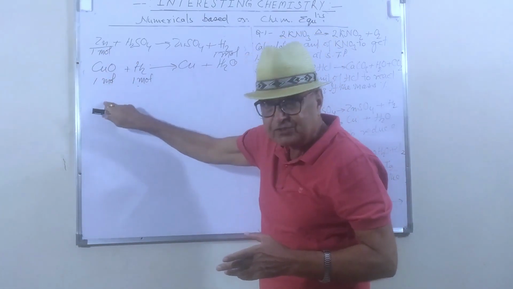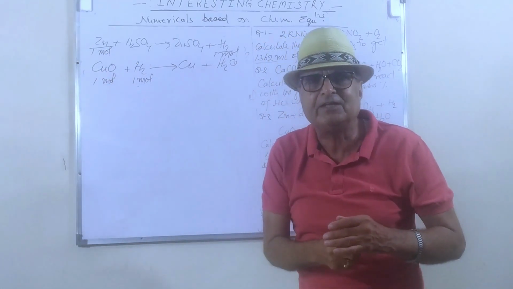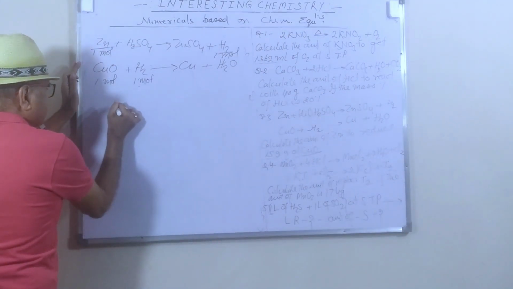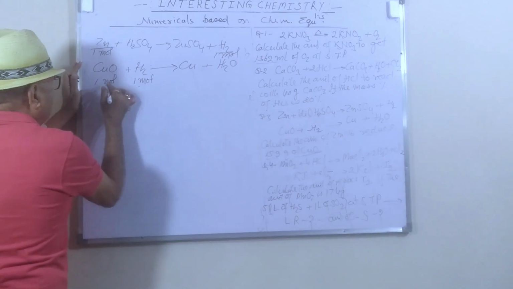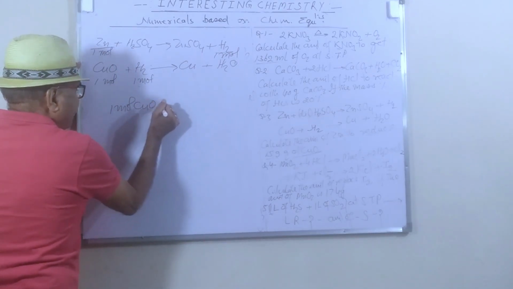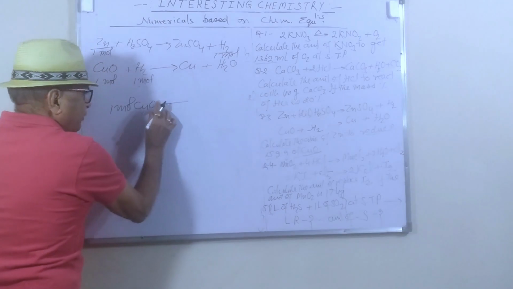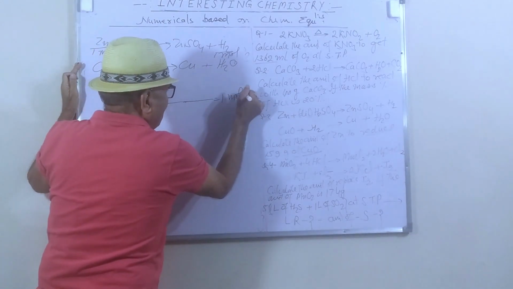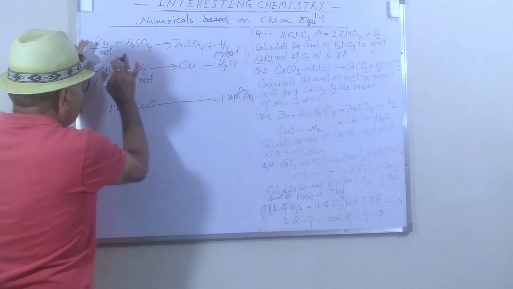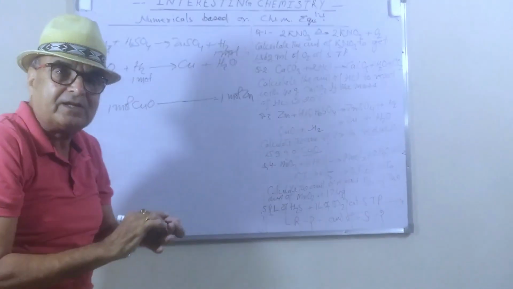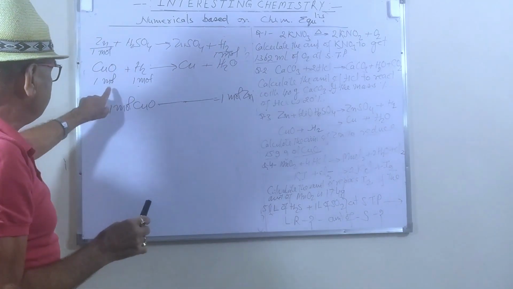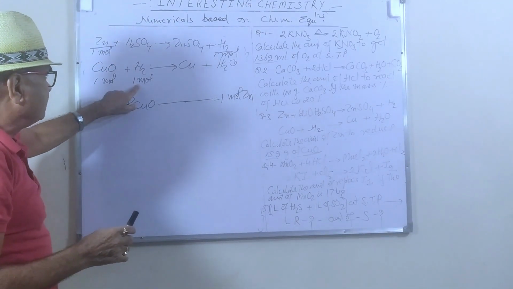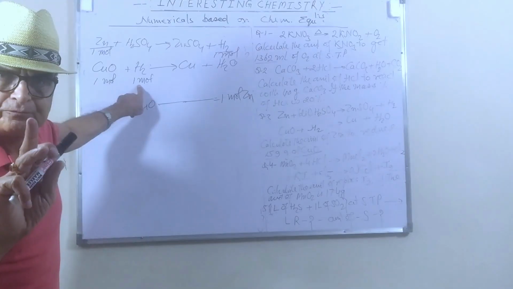So from this you can establish a relation that 1 mole of CuO is reduced by 1 mole of Zn. This stoichiometry tells us that 1 mole of CuO requires 1 mole of hydrogen to reduce.